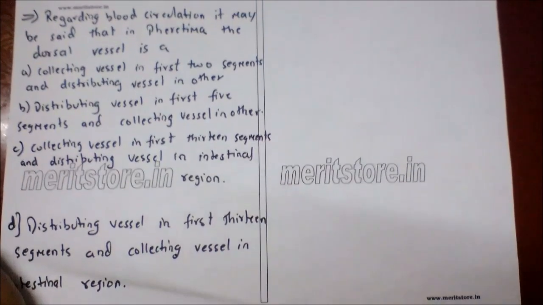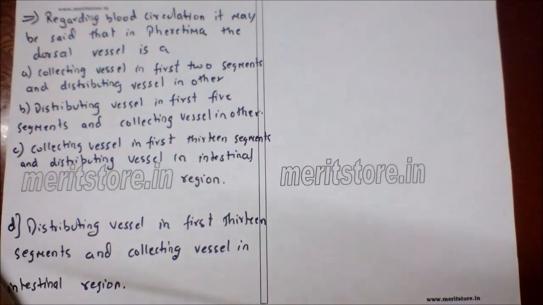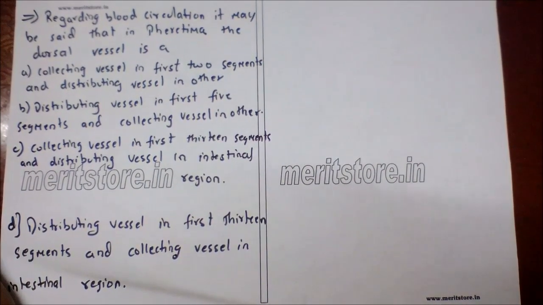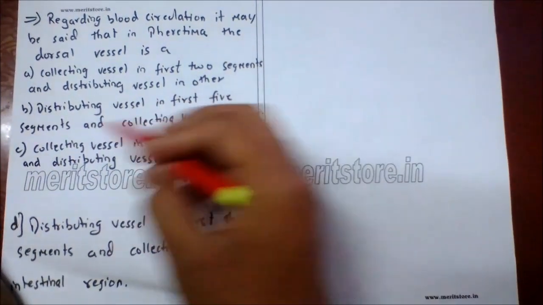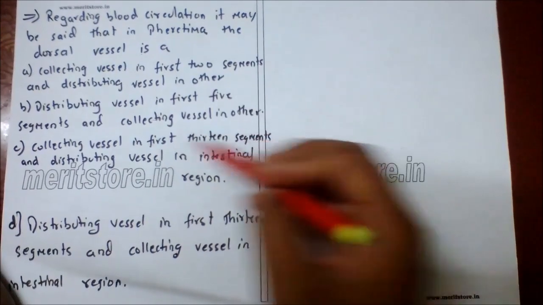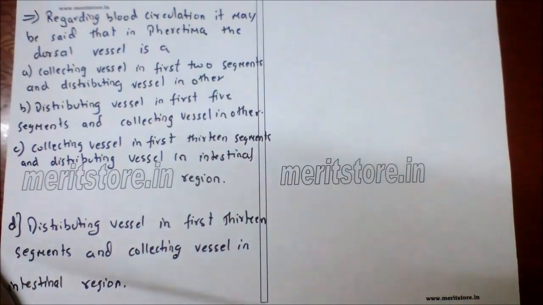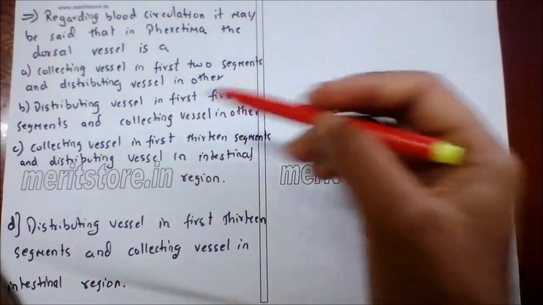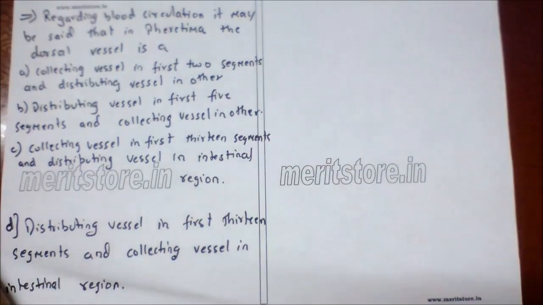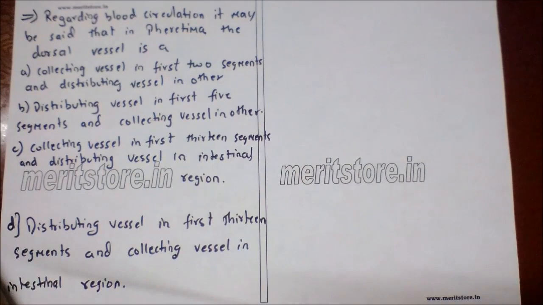Regarding blood circulation, it may be said that in Pheretima, the dorsal vessel is a collecting vessel in the first 2 segments and distributing vessel in others, B. Distributing vessel in first 5 segments and collecting vessel in others, C. Collecting vessel in first 13 segments and distributing vessel in intestinal region, D. Distributing vessel in first 13 segments and collecting vessel in the intestinal region.